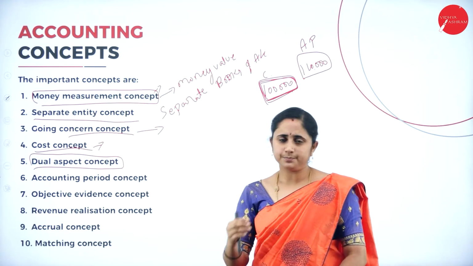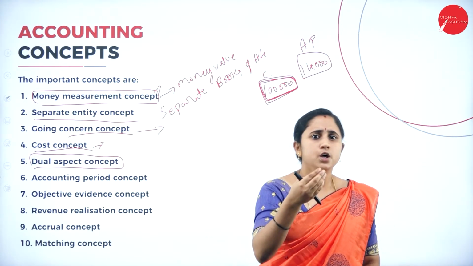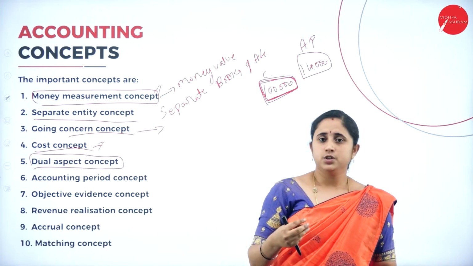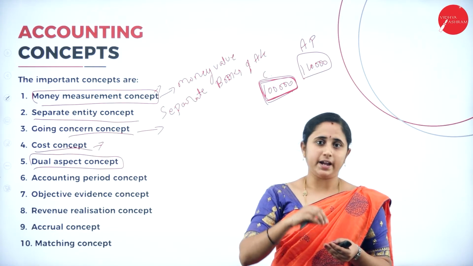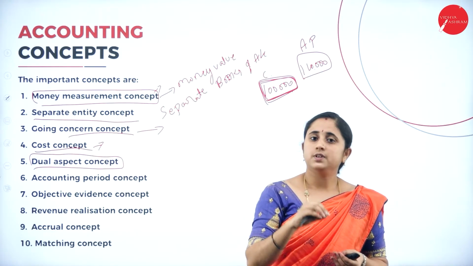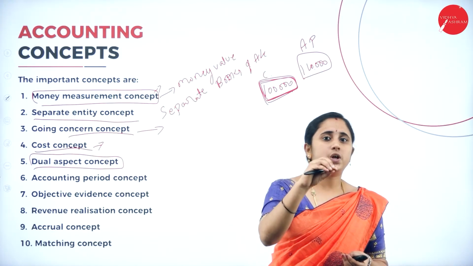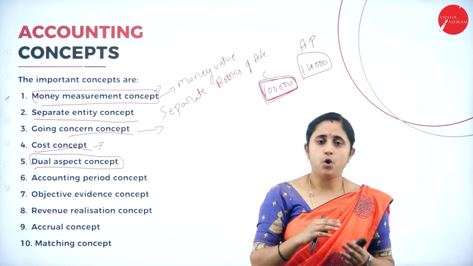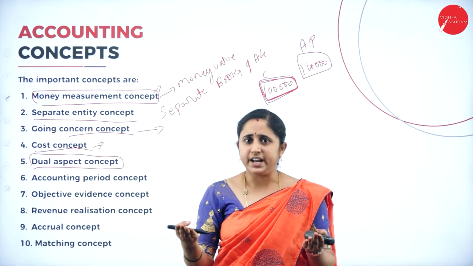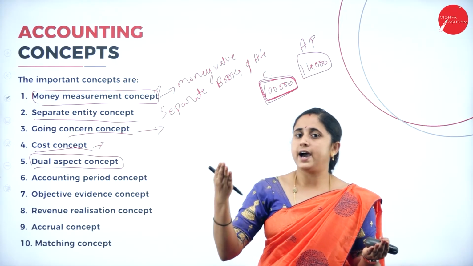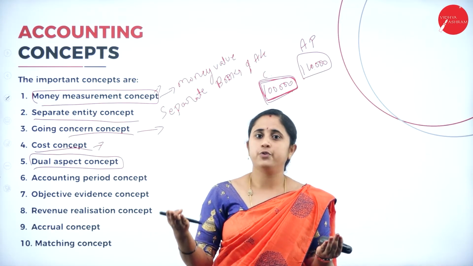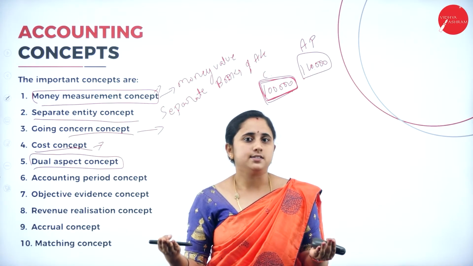For example, you are purchasing goods for cash. So, you are benefited by the goods and the other person is benefited by the equal value of cash. So, both are benefited, but one in the form of cash and another in the form of goods or asset.